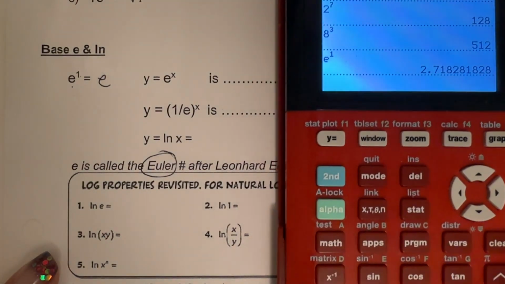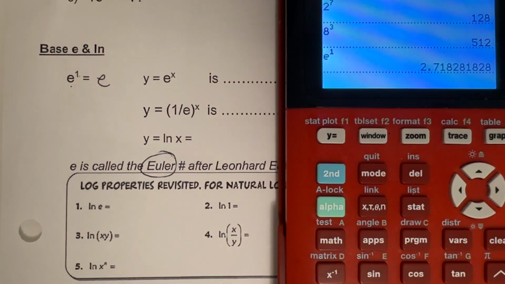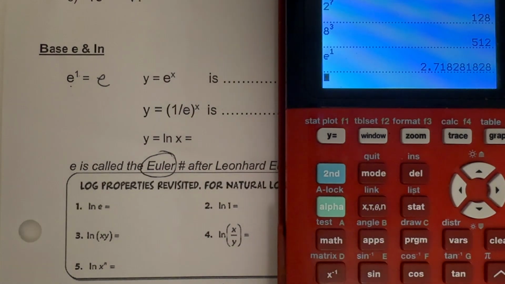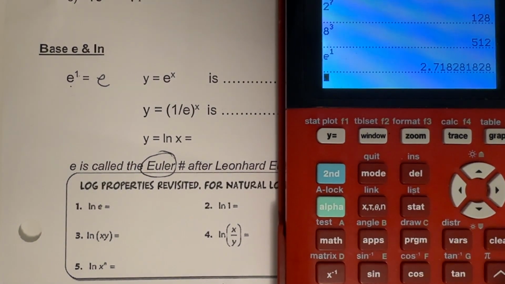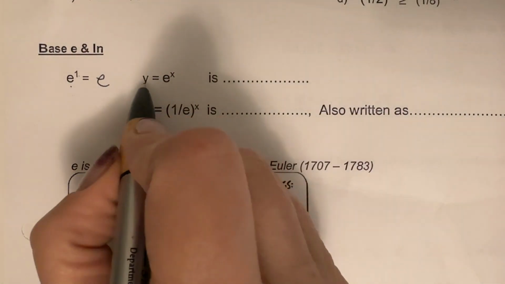That's what it is. It's 2.718. So it's a number like pi. It's irrational. It's my personal favorite irrational number. It's 2.718 is usually what people round it off to. Notice 3 decimal places.